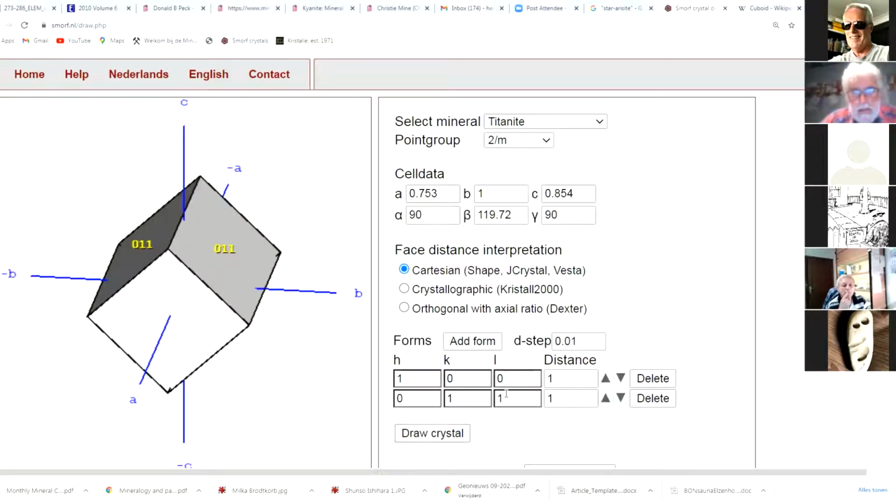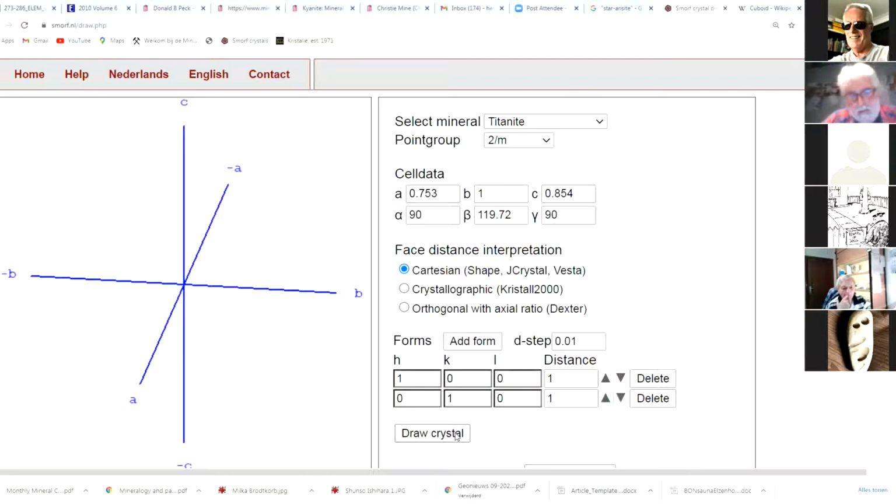Okay, yes, my mistake. If we draw the crystal now, it doesn't show anything because again, the crystal is not closed yet. So we still have to add a third form, being the 0, 0, 1.